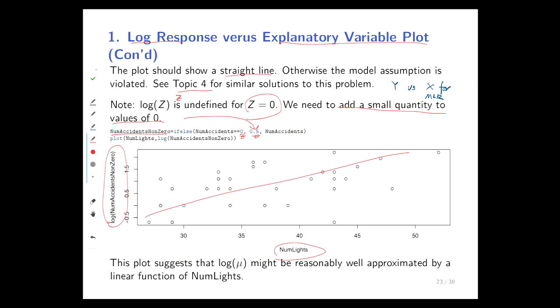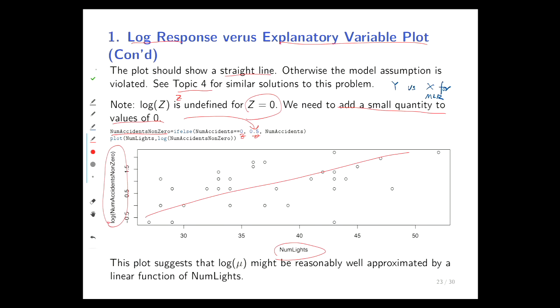So if you can see a very clear pattern, for instance, a quadratic pattern or a nonlinear, curved pattern, if the pattern is obvious, you can propose to consider another mean function.